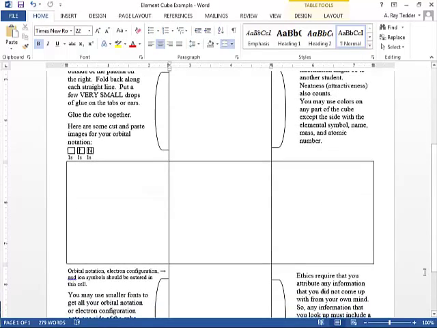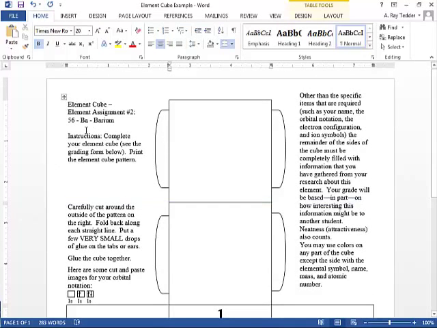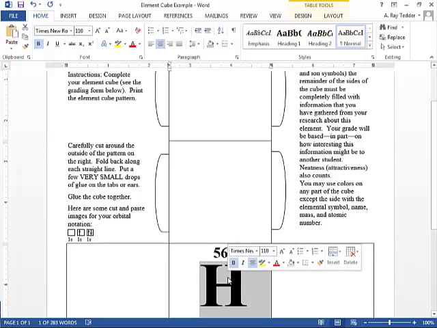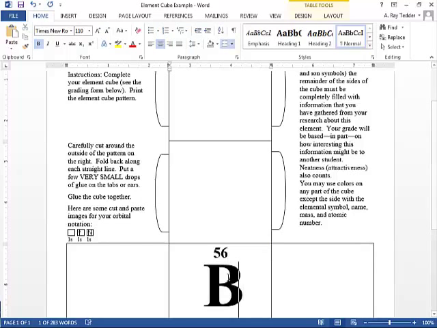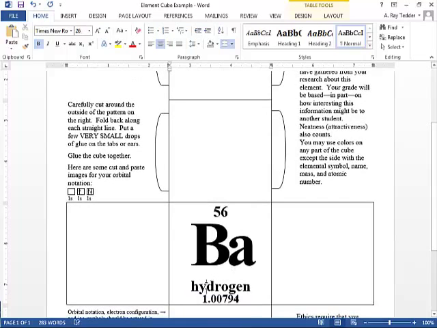Pay attention, please. All right. So barium's element number is 56. So I want to replace that 1 with a 56. And as long as I just replace it, it's going to have the right formatting. Barium is Ba. As long as I just highlight just the 8 and don't do anything else to it, it's going to have the right formatting. As long as I just replace this, we get barium.